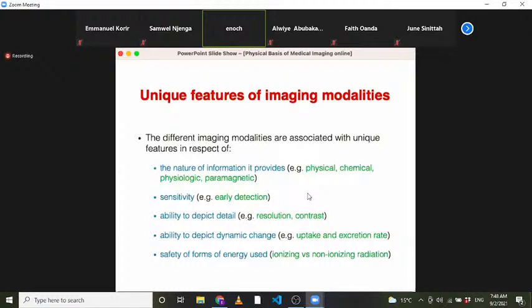Okay, so to wind up, we may classify these imaging modalities. They have different strengths, the way I said. We can classify them according to unique features, in respect of the nature of the form of energy. Are we getting physical information or chemical information?